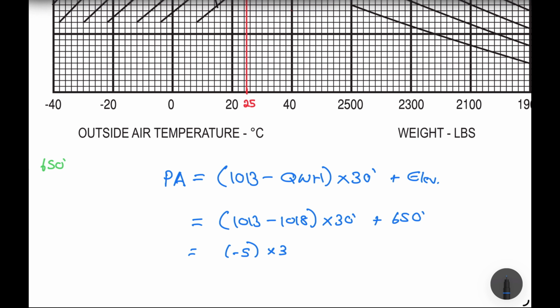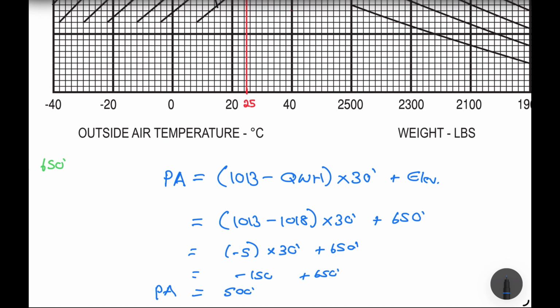Negative 5 times 30 foot is minus 150 foot, plus 650 foot, which gives us 500 foot, and that is the pressure altitude.